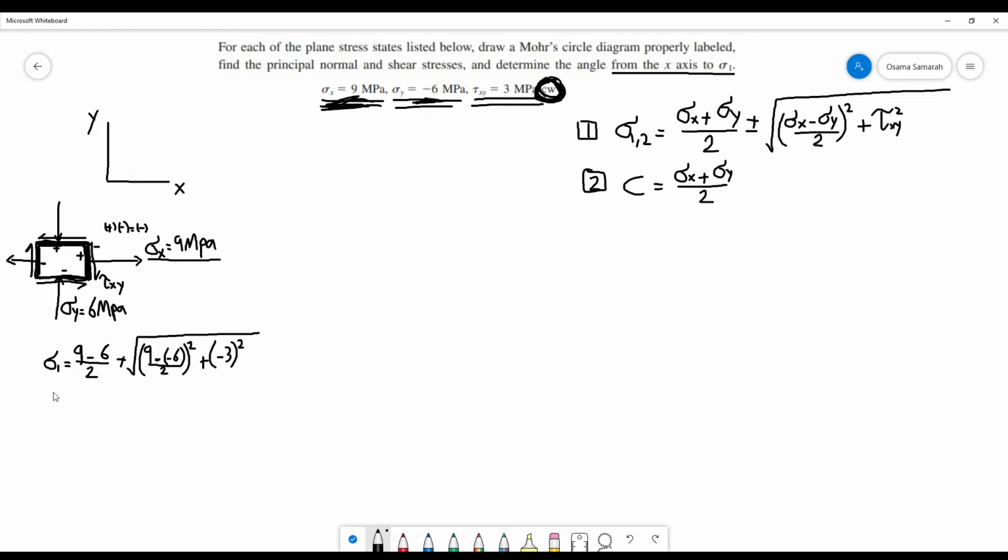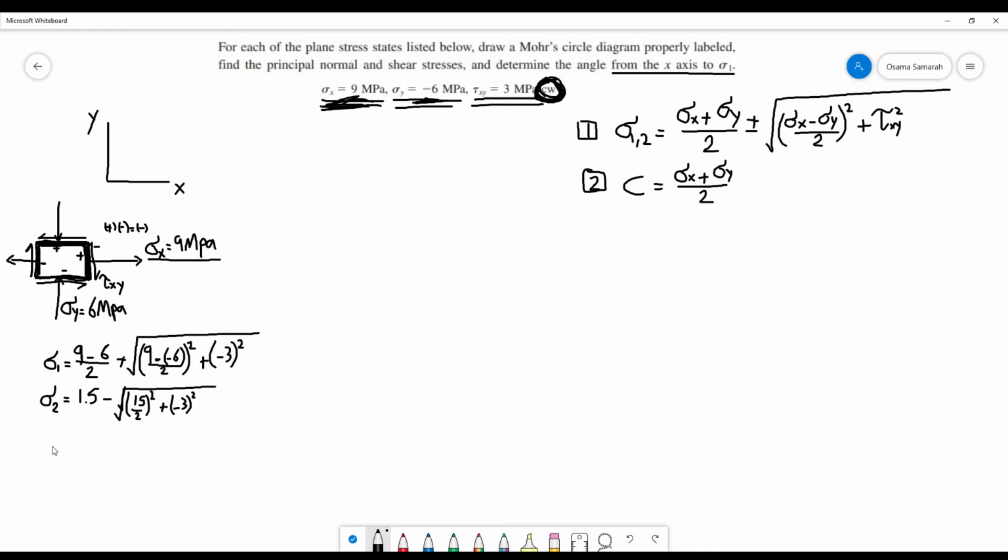So this is sigma 1. Sigma 2 is going to be the same thing, 1.5 minus this term right here, which is 15 over 2 squared plus negative 3 squared.